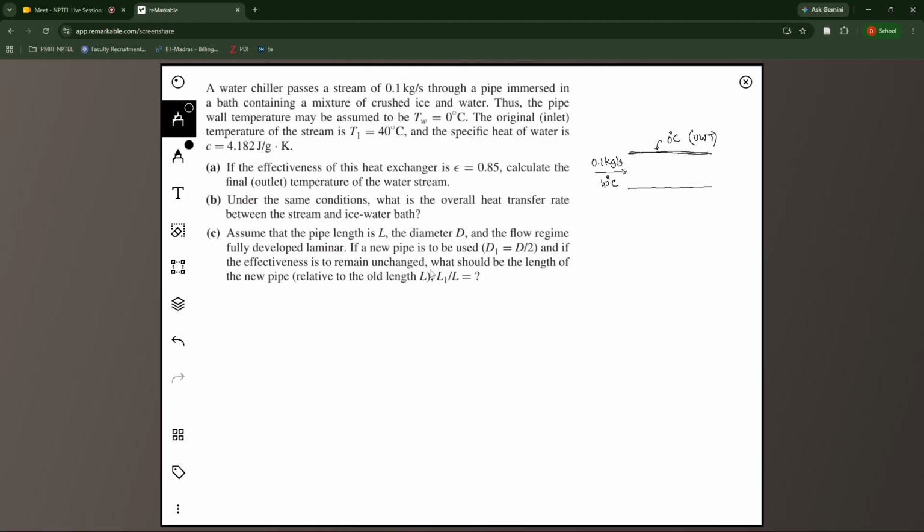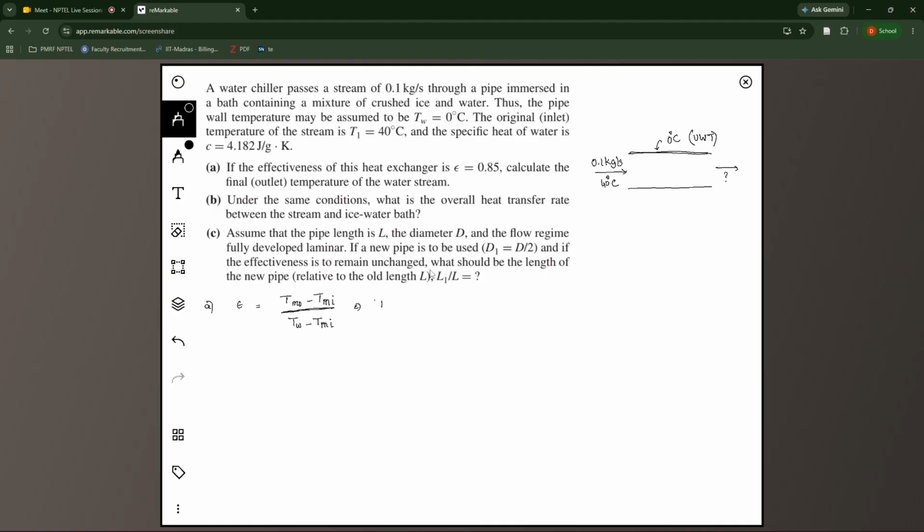Now the first part of the question asks you to find the outlet temperature. As we already defined, effectiveness is basically defined as the ratio of the heat that is actually transferred, which is the actual outlet temperature minus, I'll just write T_mo, which is the bulk mean fluid temperature at the outlet, minus the inlet temperature, divided by, for a uniform wall temperature, the maximum heat transfer, which will happen when the outlet temperature is equal to the wall temperature. This will be T_w minus inlet temperature.